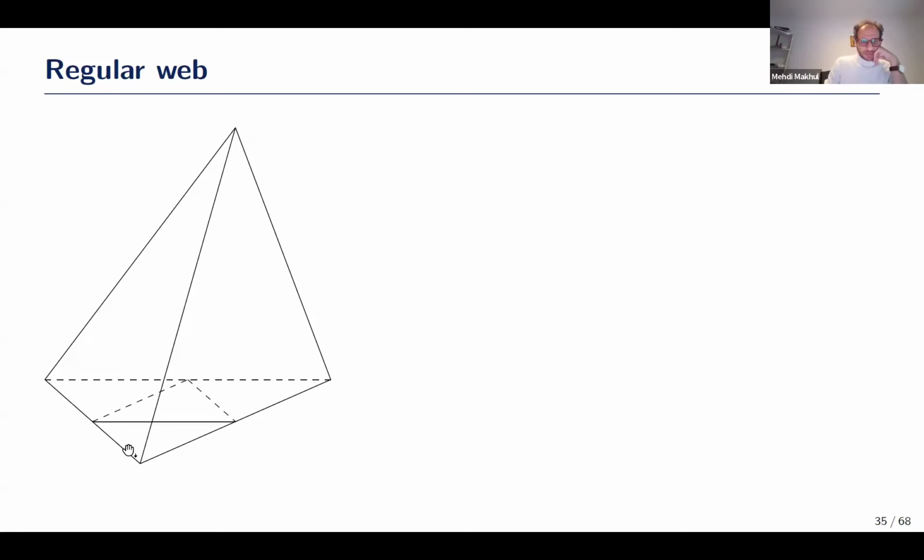Then this triangle divides the base of the tetrahedron into four smaller triangles. So here I have one central triangle and three corner triangles. Now I use the planes of the web to construct a tetrahedron over any of these corner triangles, namely the ones within delta.